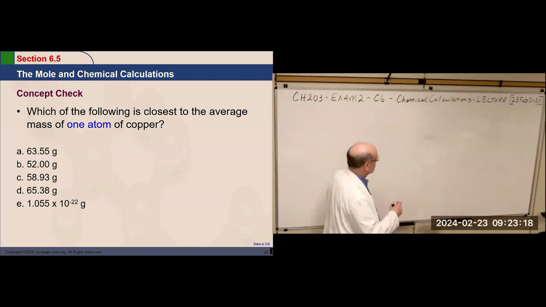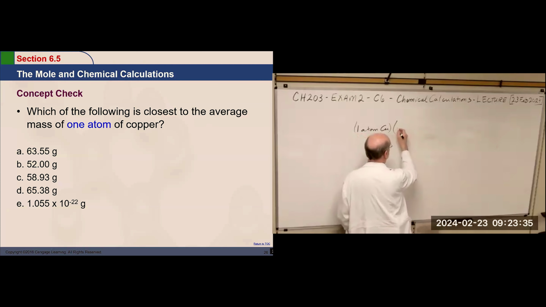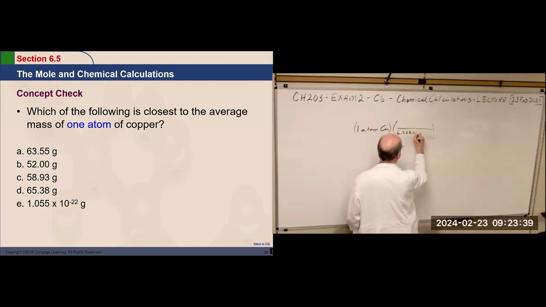One atom of copper. What's the bridge between numbers and mass? It's molar mass of copper. So we need to find out how many moles that is. 6.022 times 10 to the 23rd atoms per mole. That gets rid of atoms, and it's going to be a fraction. Right?